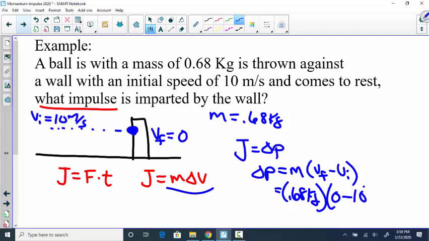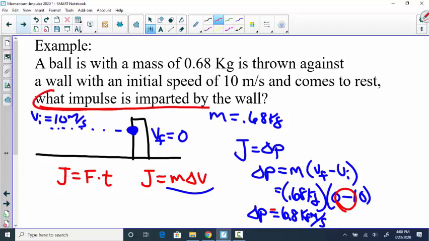V initial is 10. So the change in momentum, which is also the impulse, is negative 6.8 kilogram meters per second. And notice it is negative. Okay? So that's why this says, what is the impulse imparted by the wall? The wall is what's changing the object's motion.